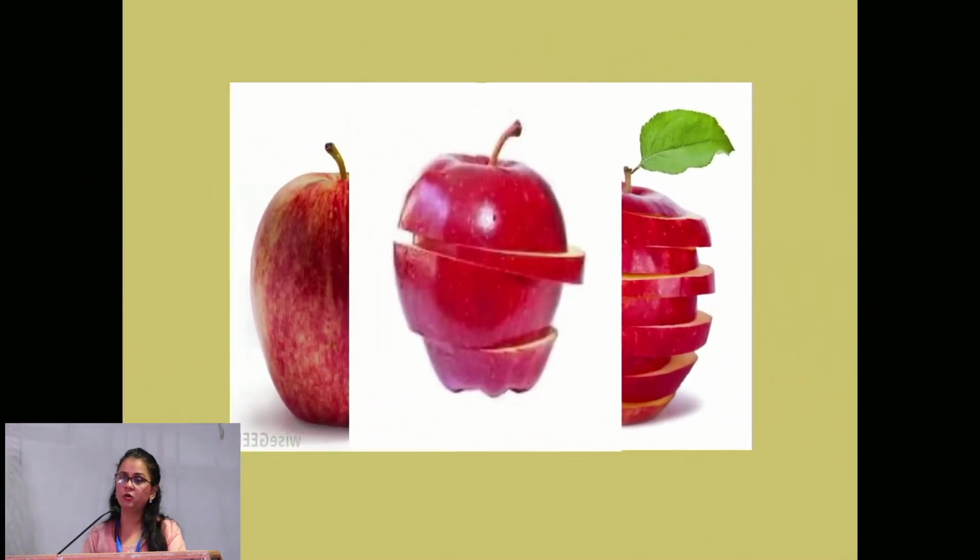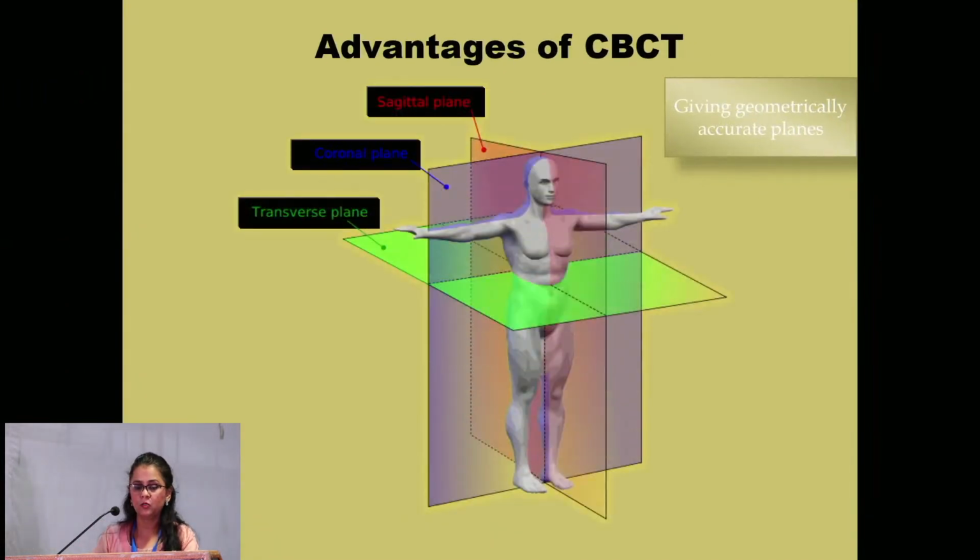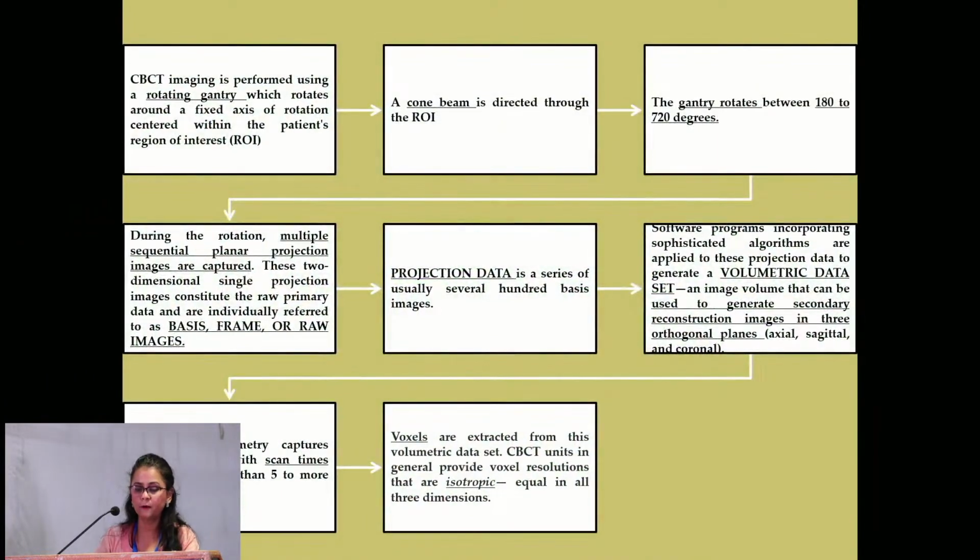Whatever scans I'll be showing you will be displayed in sagittal, coronal, and cross-section. These are the various planes which we'll be talking about.